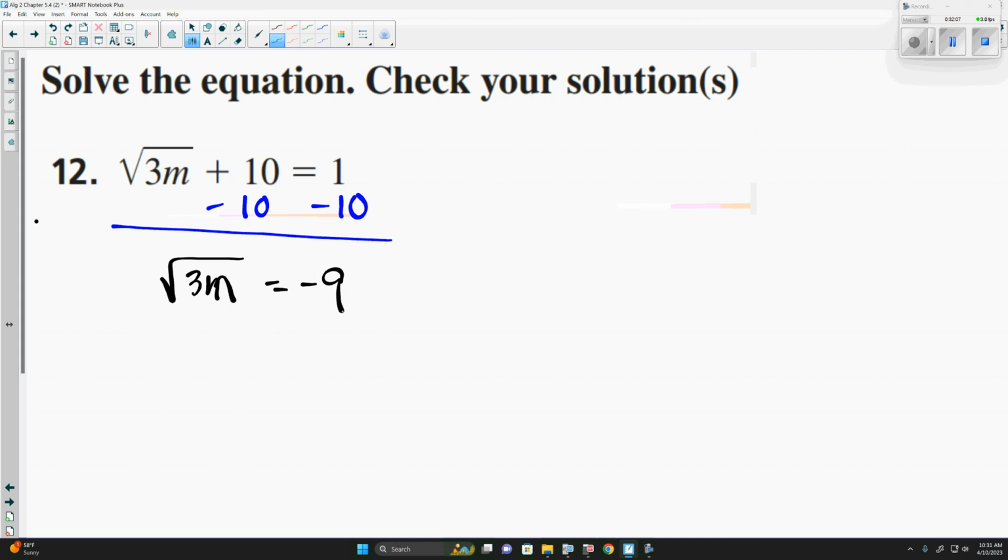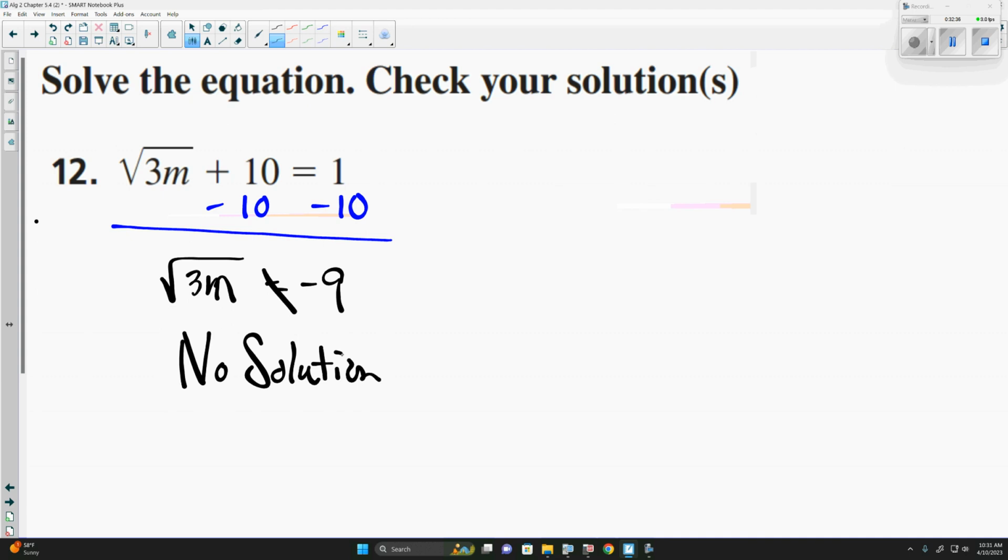Whatever number is inside there, when multiplied by itself an even number of times, is never negative, so it just doesn't work. If it was an odd number of times, it would work, but not with an even number. So this here is not true. This is no solution.